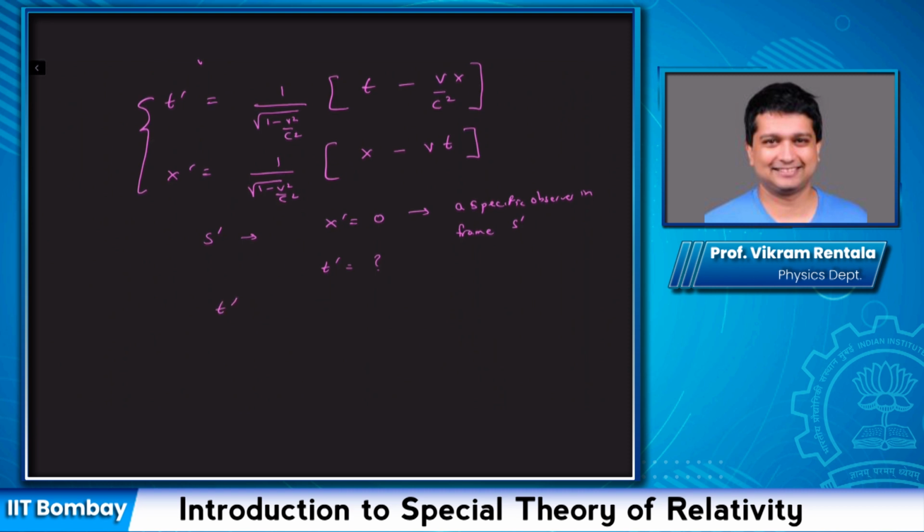We already saw that the inversion just means that we replace v by minus v. So we would write t as 1 over square root of 1 minus v squared by c squared times t prime plus v x prime over c squared.